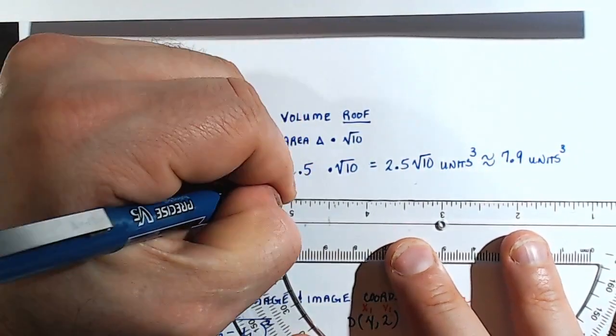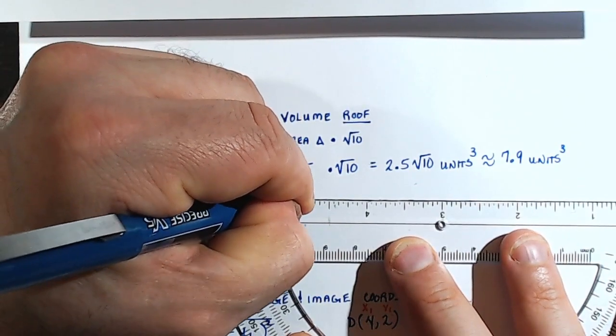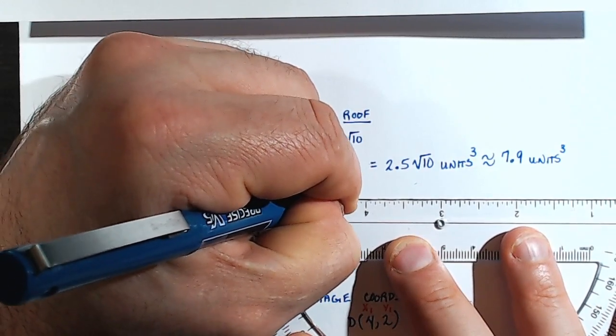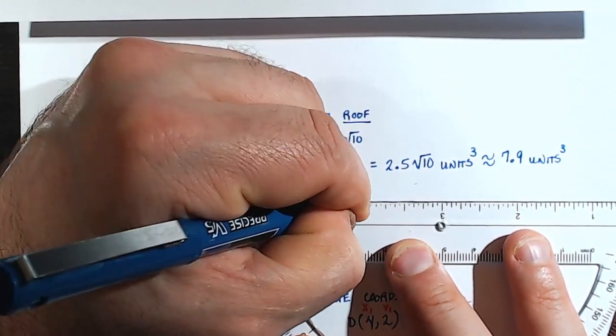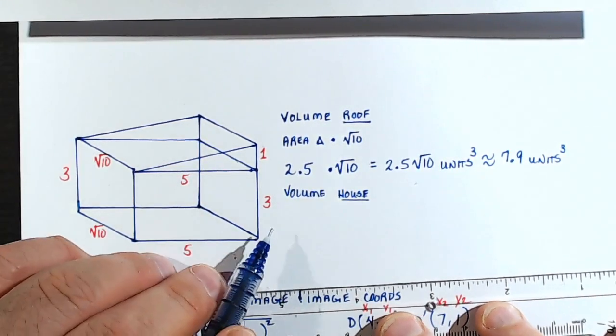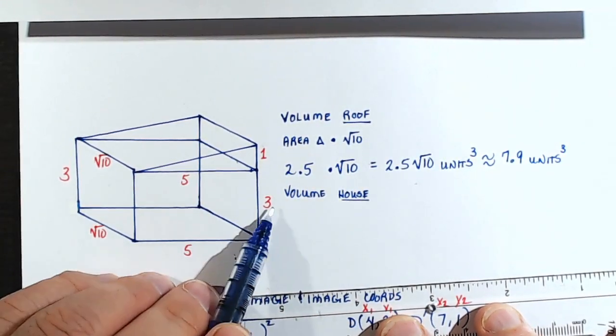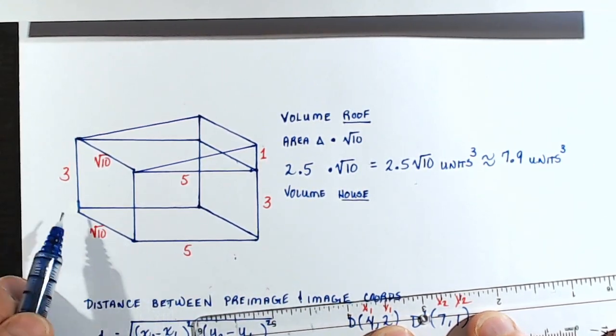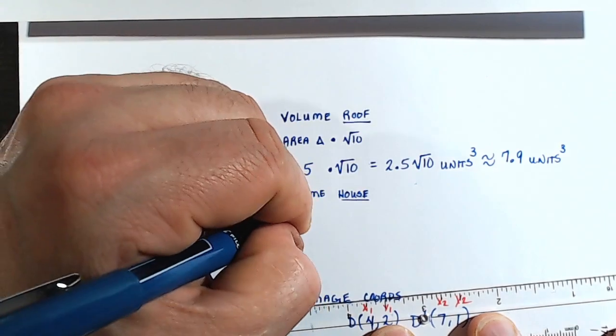Now for the volume of, we'll call it the house piece. So we got the house and we got the roof. The volume of the house piece is just going to be 3 times 5, or the area of this rectangle, times the length of the house.